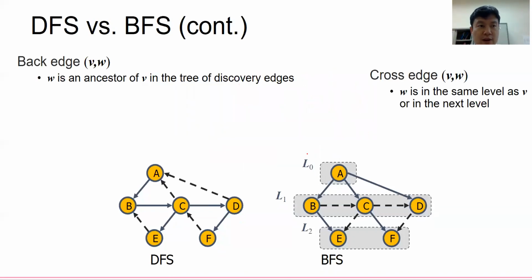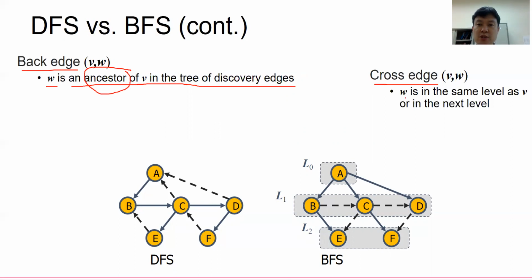When you have the DFS, you will have what we call back edges. The back edge means W is an ancestor of V in the tree of discovery edges. You know the ancestor? Ancestor means the upper part or the parent. However, in the BFS, we call it the cross edge.